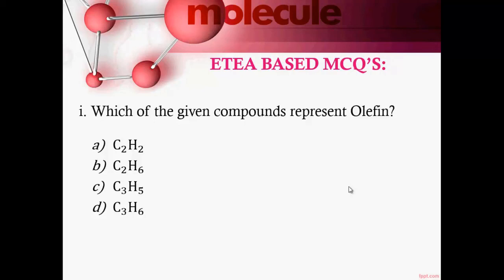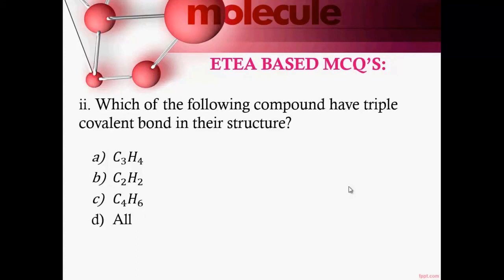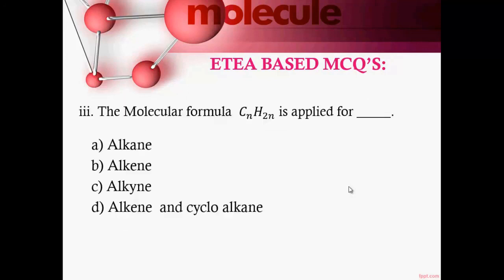MCQ number 1. Which one of the given compounds represents olefin? Option A C2H2, option B C2H6, option C C3H5, option D C3H6. Number 2. Which one of the following compounds has triple covalent bonds in its structure? Option A C3H4, option B C2H2, option C C4H6, option D all of these.